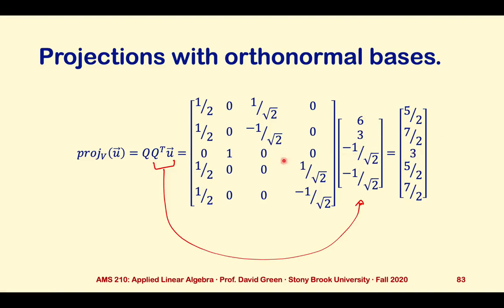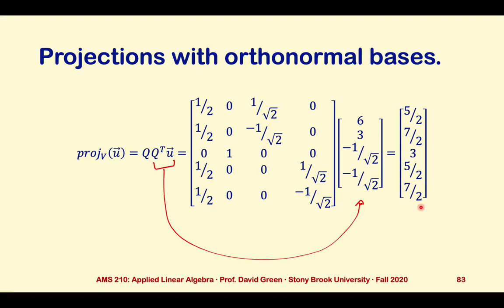For our fourth entry, again, we have 3 plus 0 plus 0 minus 1/2, which gives us 5/2. And for our last entry, 3 plus 0 plus 0 plus 1/2 gives us 7/2. Our final answer is this vector here. The projection of u onto the vector space spanned by this orthonormal set is given here.